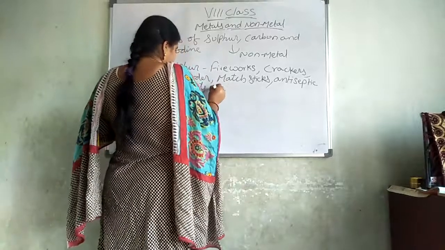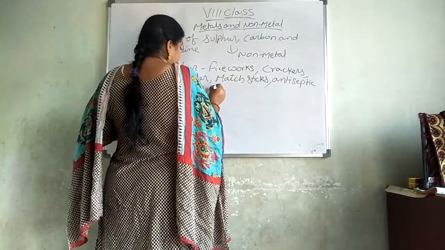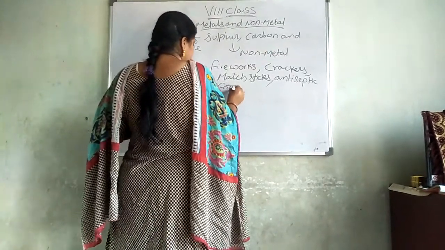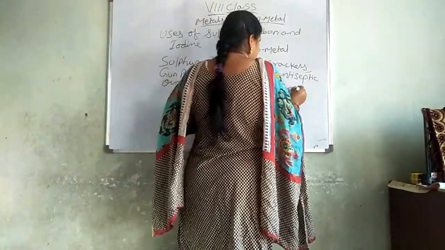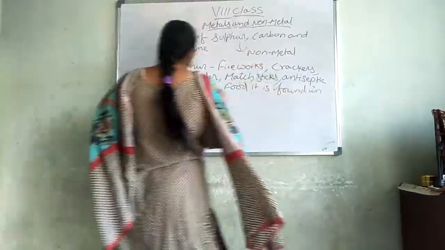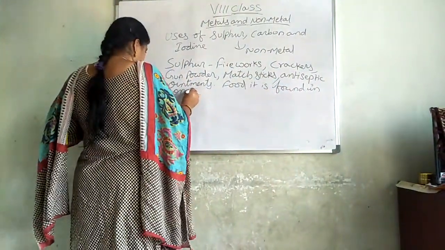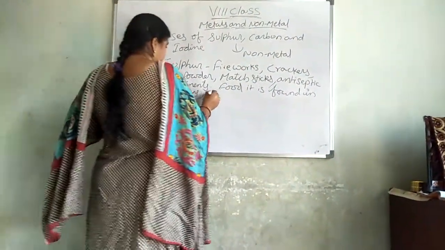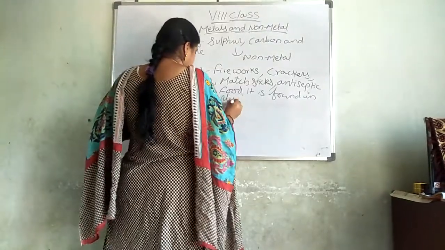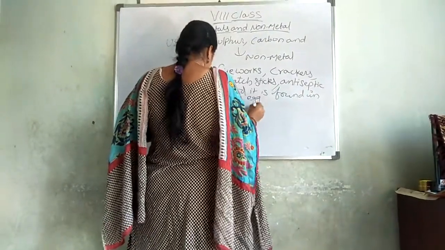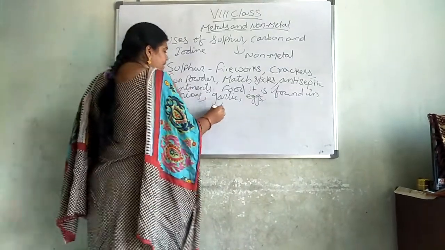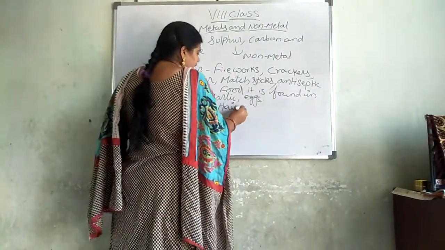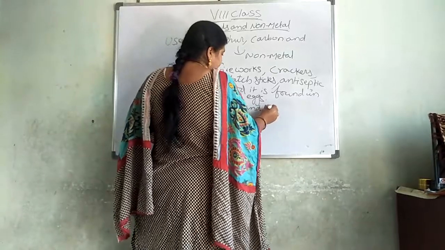Then in food materials, it is found in onions, garlic, egg, and normally in the human body it is found in hair and nails.